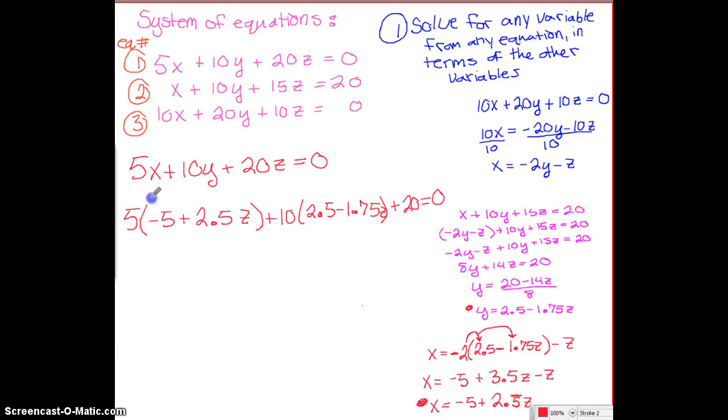Okay, so we're going to distribute this 5 and distribute the 10 to everything inside the parentheses.